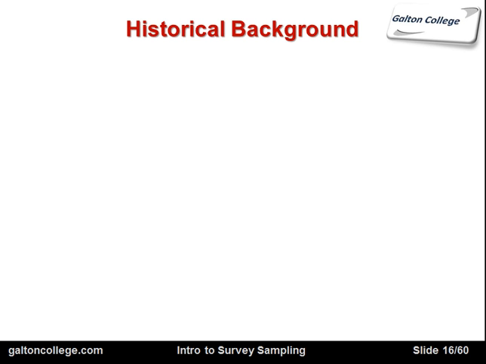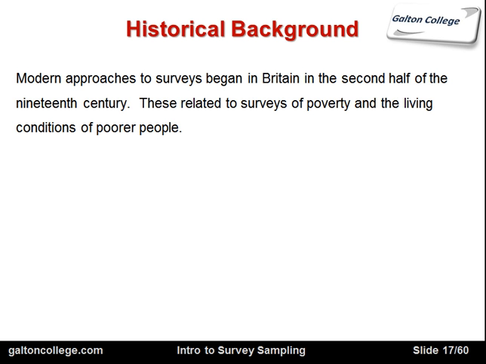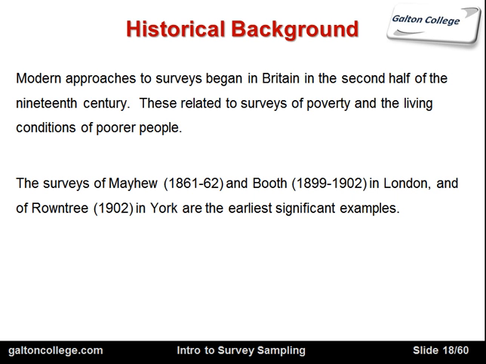As a matter of interest, surveys have been around for quite some time. Modern approaches to surveys began in Britain in the second half of the 19th century. These related to surveys of poverty and the living conditions of poorer people. The surveys of Mayhew in 1861 and Booth in 1899 into the 1900s in London, and Rowntree in 1902 in York are the earliest significant examples of surveys.